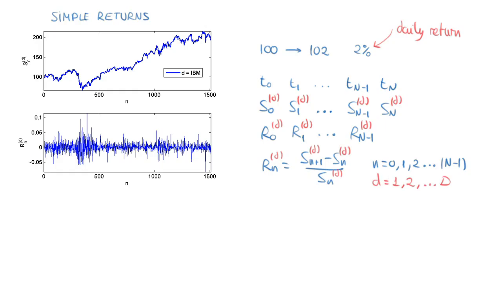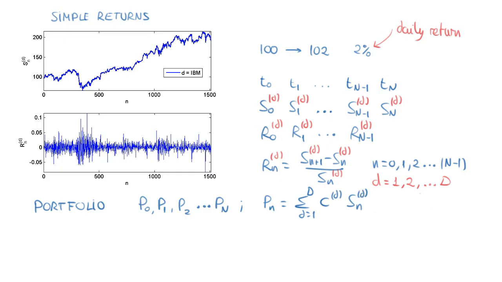And we have the time series of portfolio values P0, P1, P2, up to Pn, and the value of the portfolio at each time step is calculated using the number of shares that we have invested in asset d times the price of asset d at time tn. And this we do for times n equals 0, 1, 2, up to capital N.